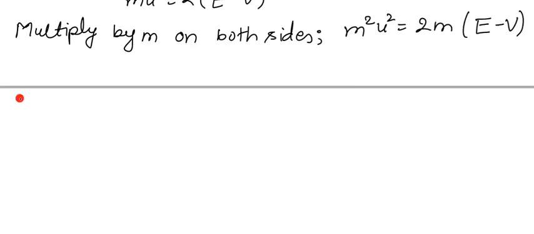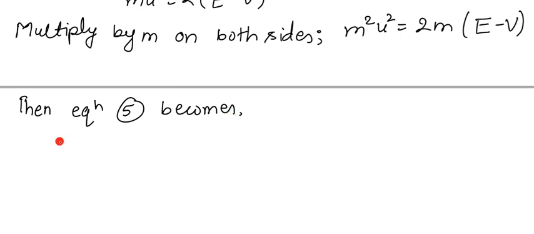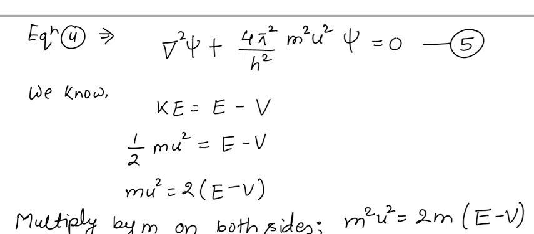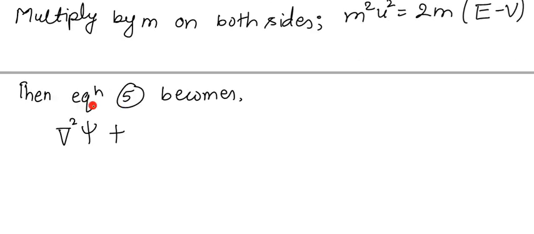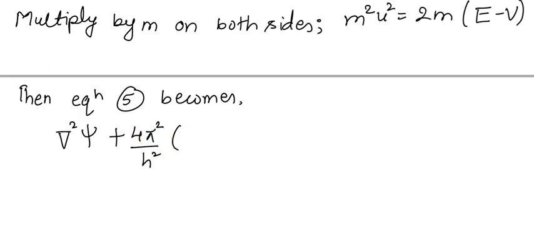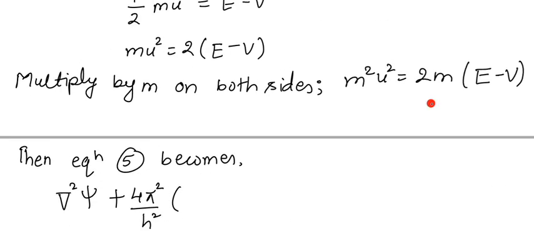Then equation 5 becomes, in equation number 5, nabla square psi plus what are the terms over there? 4 pi square by h square, and the other terms, m square u square. You just put 2m times E minus V and the psi.